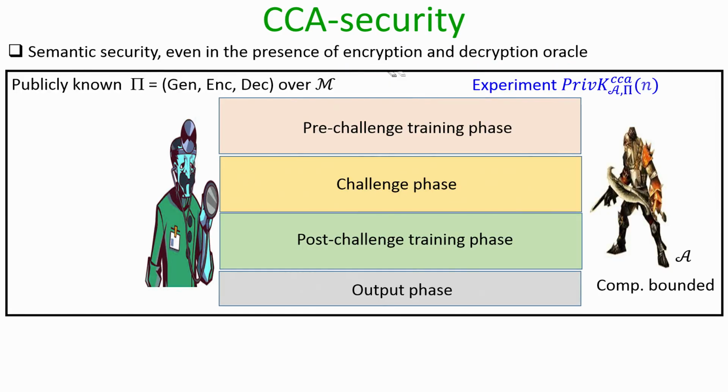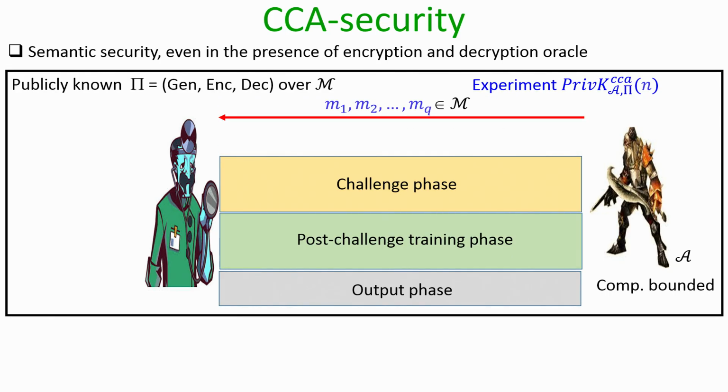Formally this is modeled by an experiment, and we have 4 phases in the experiment. We have a pre-challenge training phase, a challenge phase, a post-challenge training phase, and an output phase. The game is played between a computationally bounded adversary and an experiment. In the pre-challenge training phase, the adversary can adaptively ask queries from the encryption oracle.